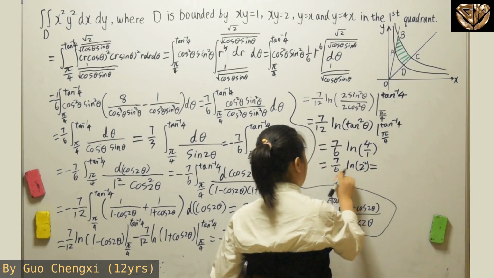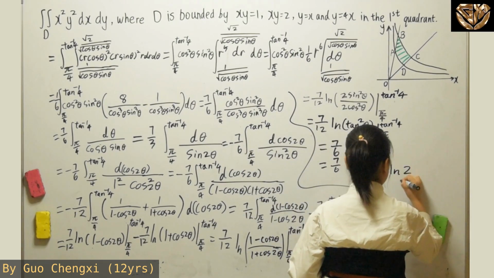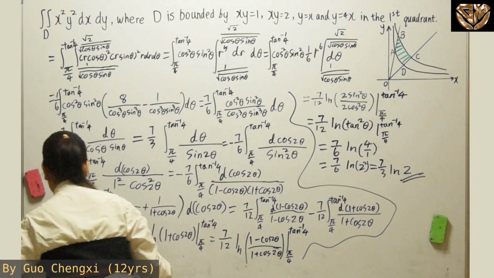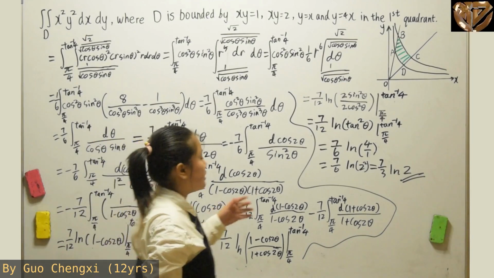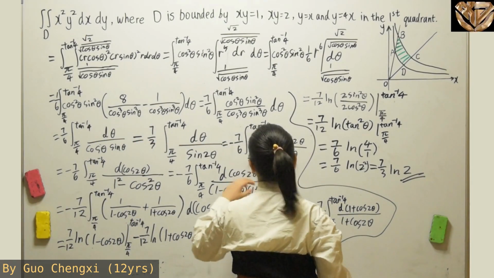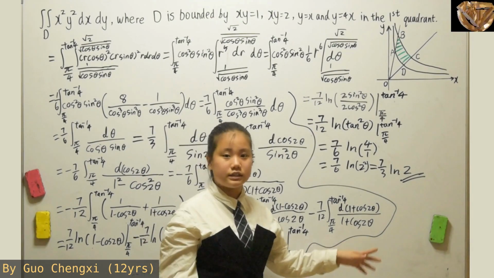And once again the square you can move out, and you'll get 7 over 3 ln 2. And that is the answer that we'll get. If you compare this answer to the previous answer for the same question, it is the same.